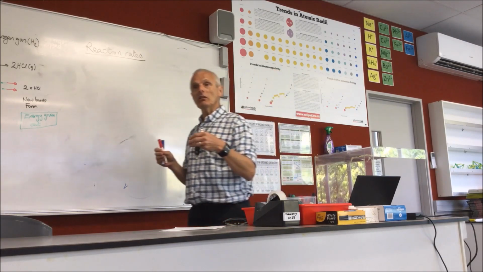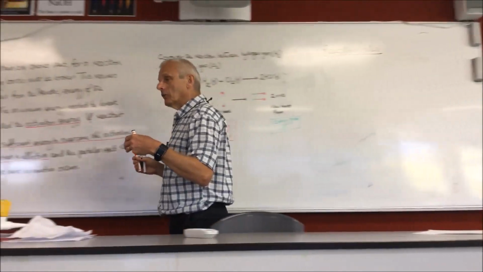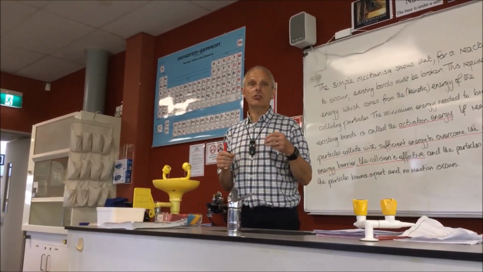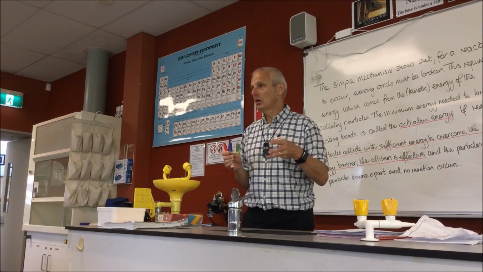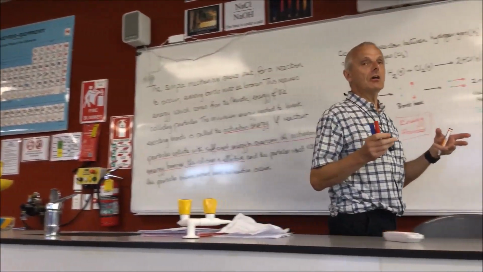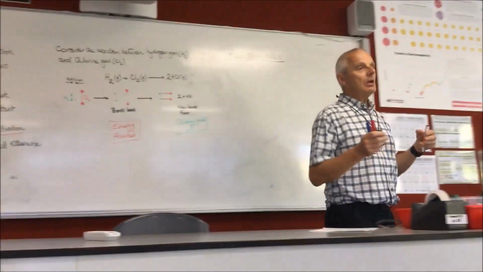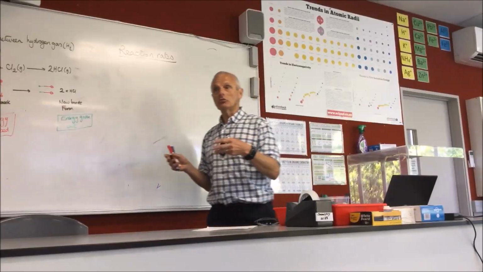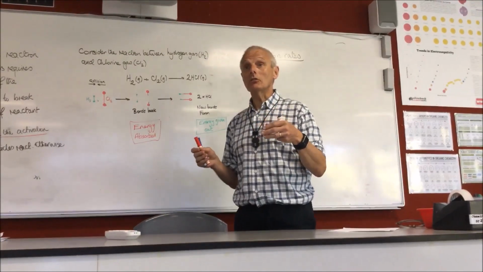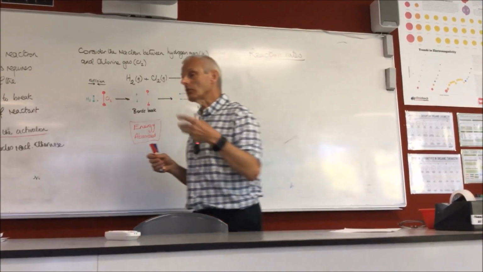The higher the proportion of effective collisions, the faster the reaction. It's fairly common sense. So if you've got 100 collisions and 80 of them are effective in one reaction, where in a different one you've got 100 collisions where 20 of them are effective, then the latter one's going to go a lot slower. Okay? So that's the first thing.